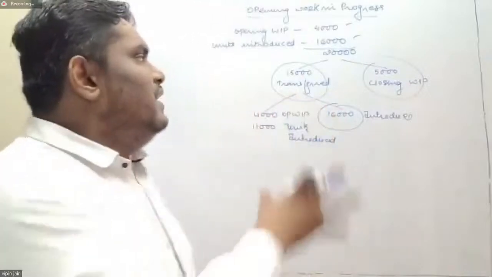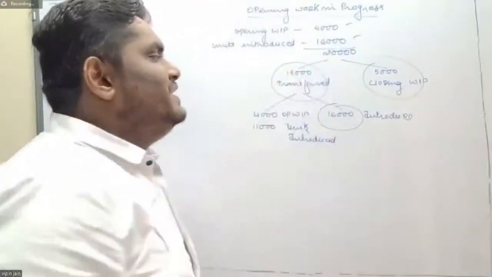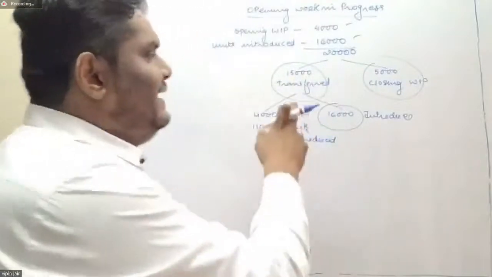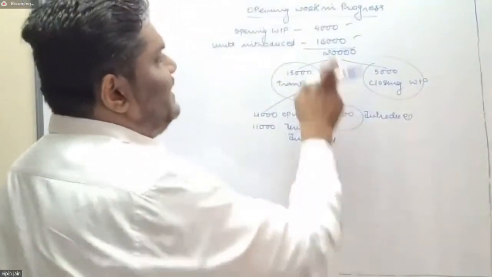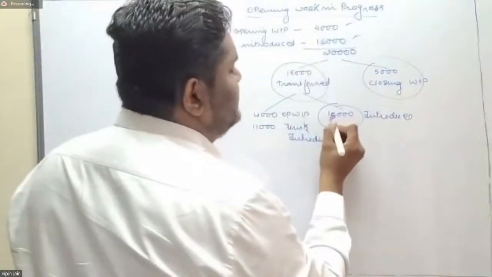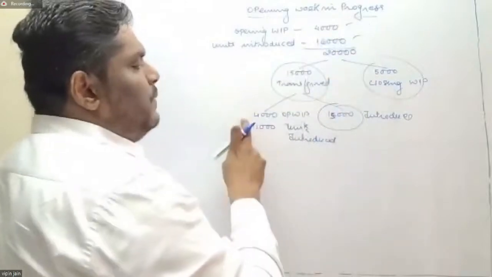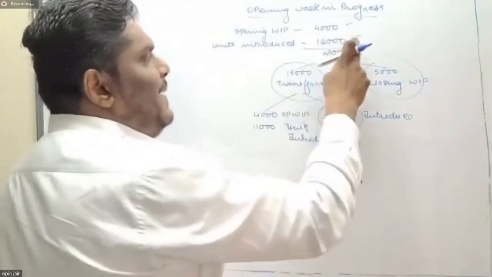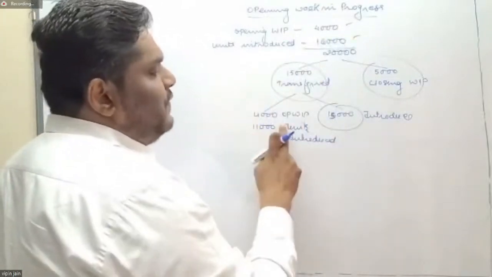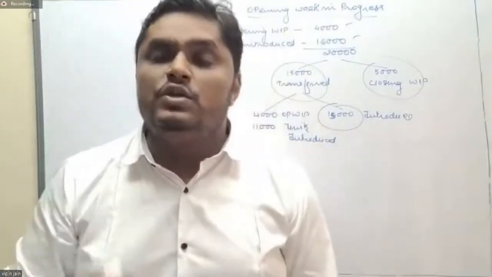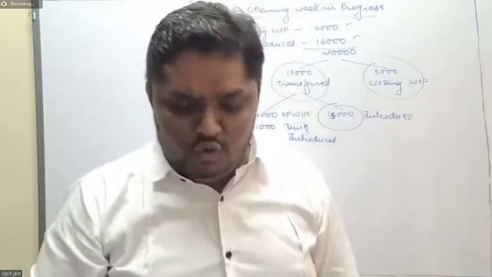Now the question is, how to value these 15,000 units? These 15,000 units can be entirely from the units that are introduced, that is 16,000 units, or 4,000 from opening work in progress and the balance 11,000 from the units introduced. So these are the two possibilities. So which approach to follow?